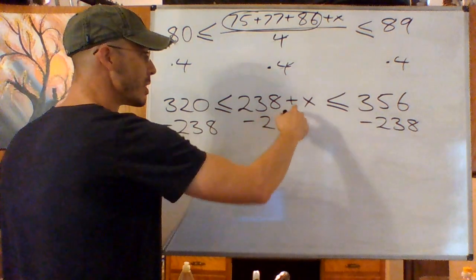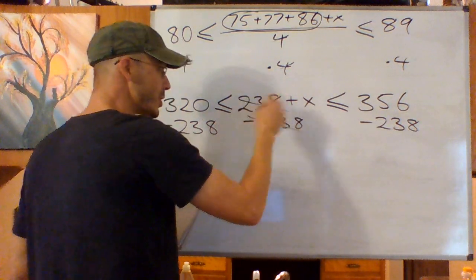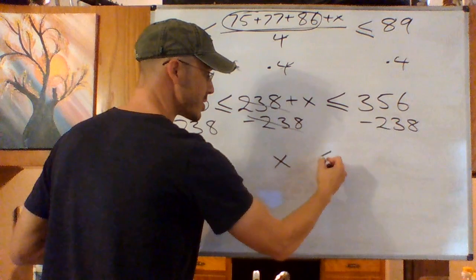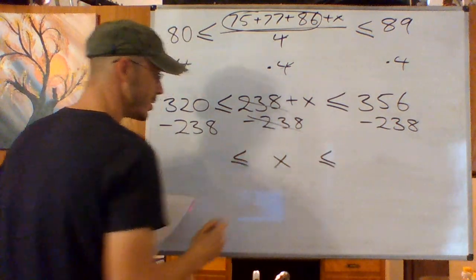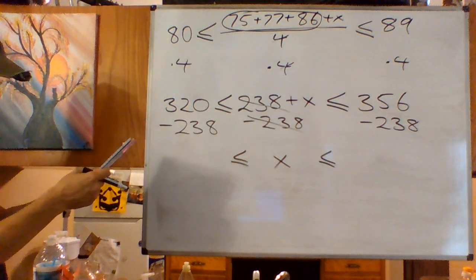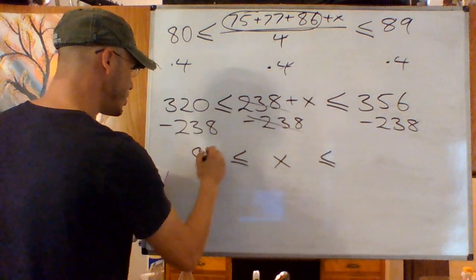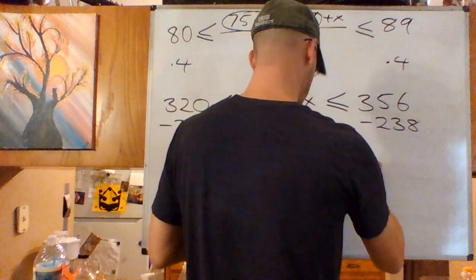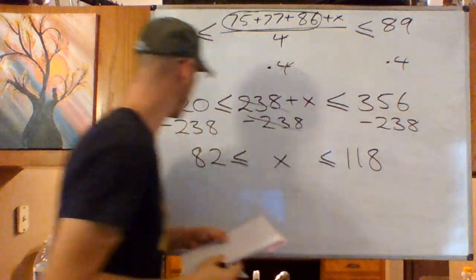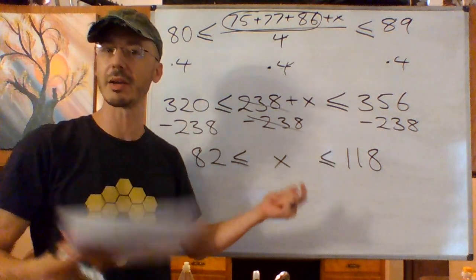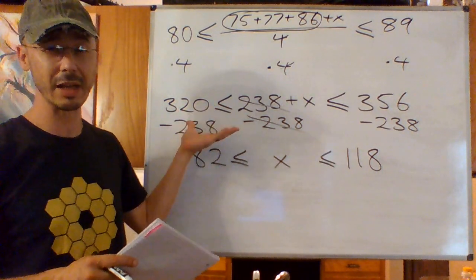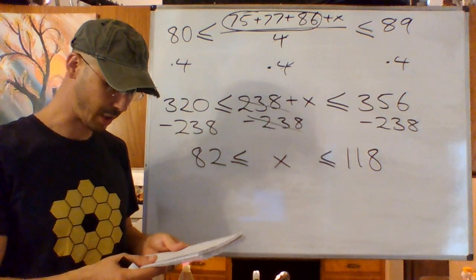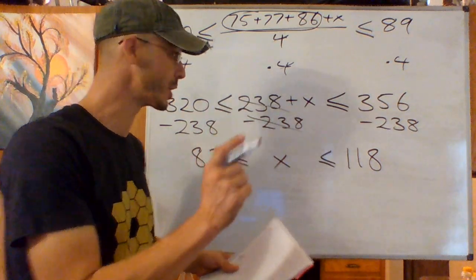And here, this is the goal. 238 minus 238 is just the x. And x is between 82 and 118. These are 3-digit subtractions, so I used a calculator. You could do it by hand, but it's much quicker if you can find your calculator.